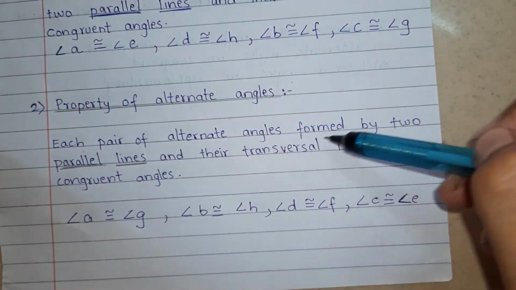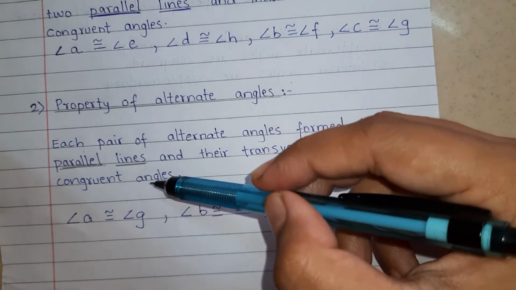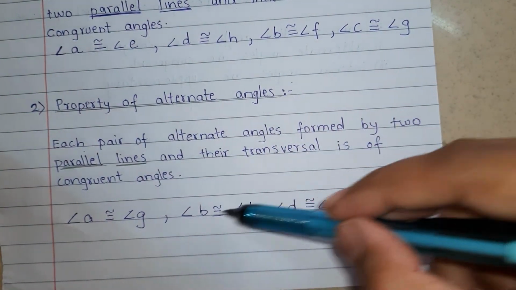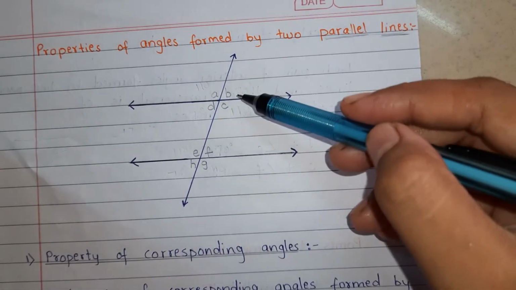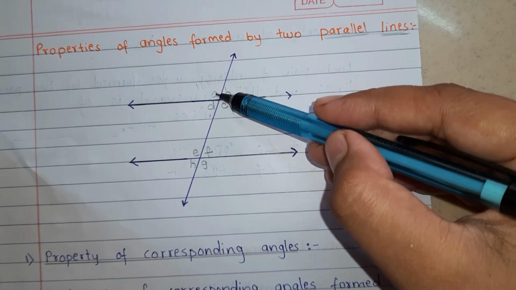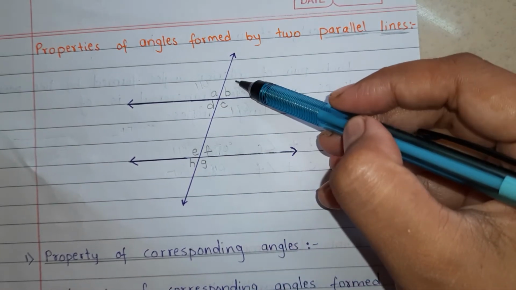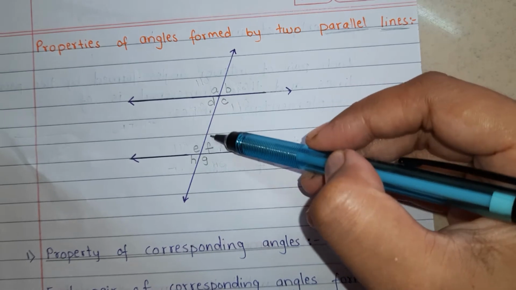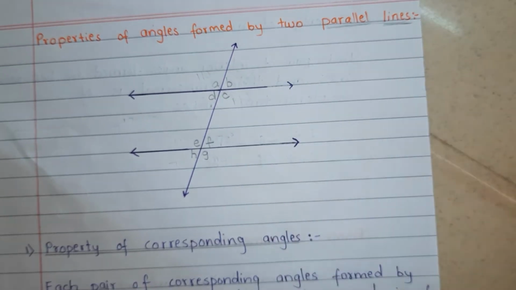Each pair of alternate angles formed by two parallel lines and a transversal is of congruent angles. Means all alternate angles are also congruent. Which are the alternate angles? A and G congruent, H and B congruent, D and F congruent, and C and E congruent.